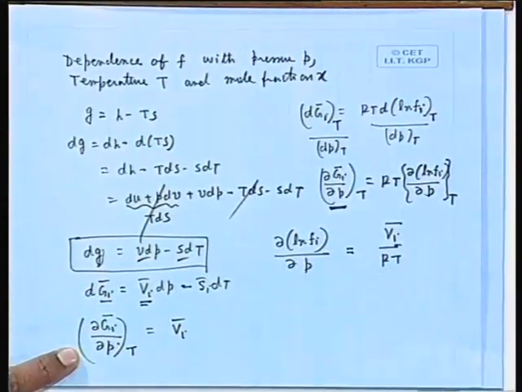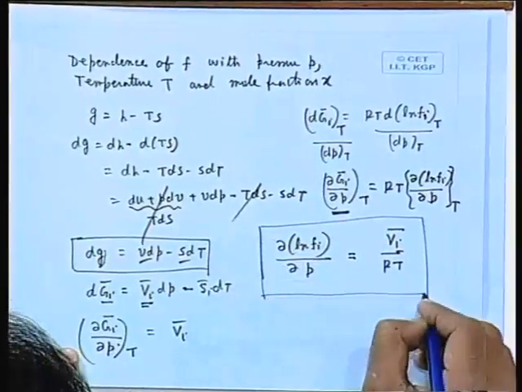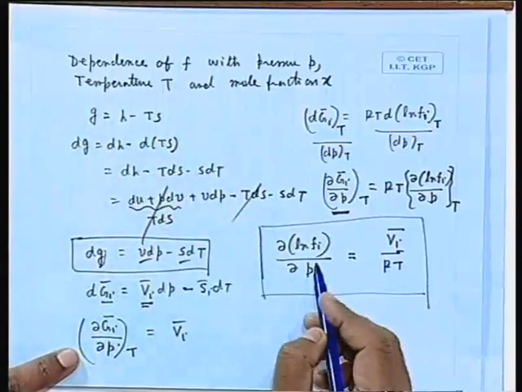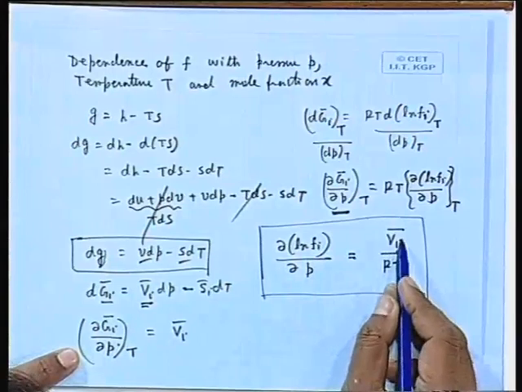So this is the most important relation, that means this is the relationship of Fi with pressure. That means the dependence of F with P is ∂ln Fi/∂P equals Vi bar by RT.